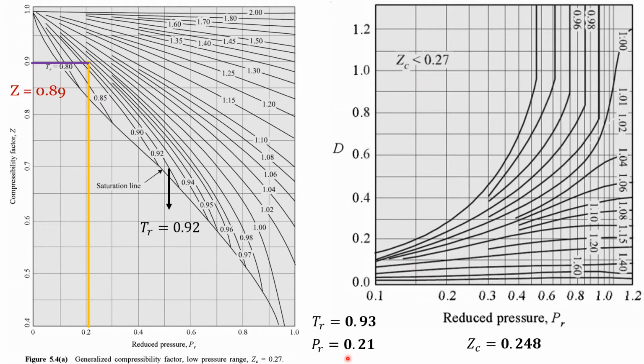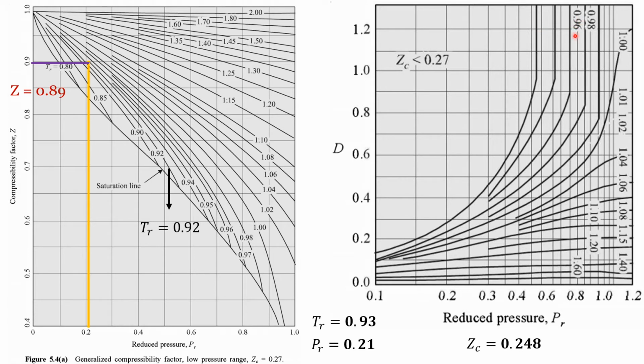So again we need to see the Pr value. So Pr 2.1 will come around this point. We need to identify Tr equal to 0.93. So here we have 0.96, 0.98, so it's decreasing in this way.